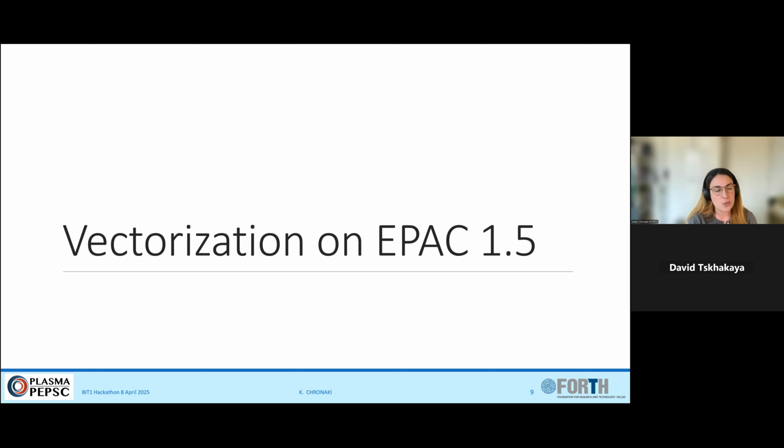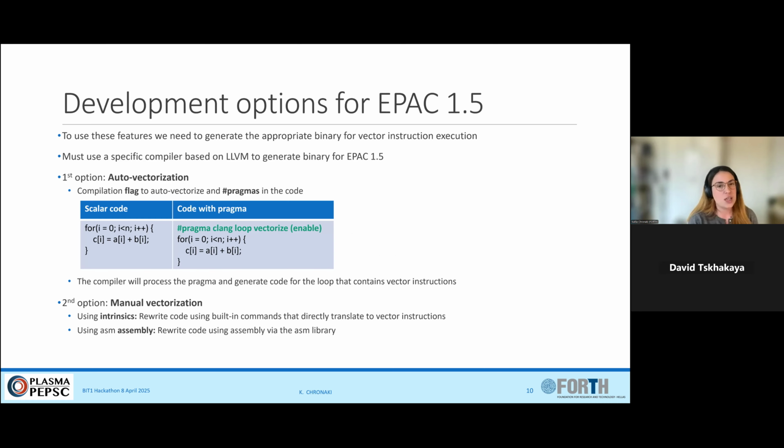Now, how can we vectorize our code for the EPAC 1.5? There are some development options for this hardware, because we need to write code differently and use a different compiler, because we need to generate a binary appropriate to execute vector instructions.